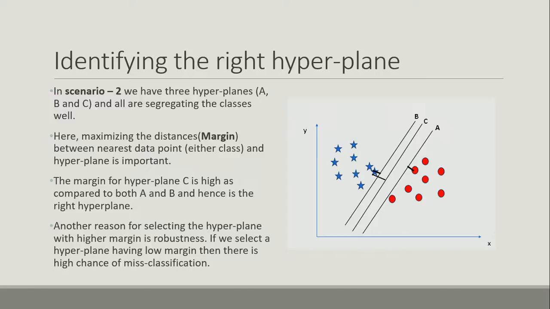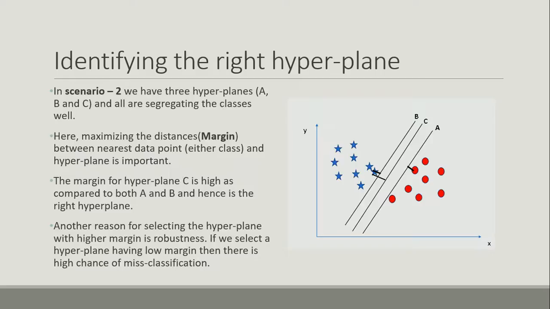The data says that the margin, which is the distance from the nearest data point or the nearest support vector, should be maximized. So the hyperplane should be far from the support vectors that you have. As you can correctly identify, hyperplane C is far from the stars and also from the dots.